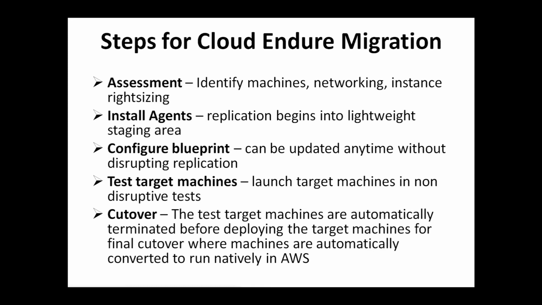Then we install the agents on the source machine, after which the replication begins into a lightweight staging area. Once the replication begins, you can also configure your blueprint, which can be updated anytime without replication disruption.